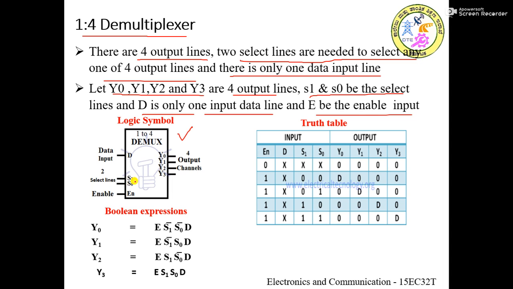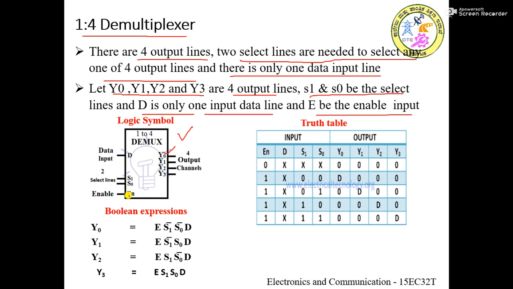With S1 S0 equal to 0 0, Y0 is selected and the input information on the D line will be routed on Y0. With 0 1, Y1 is selected and the input information is routed on it. With 1 0, Y2 is selected, and with 1 1, the last output, Y3, is selected and the input information is routed on it.